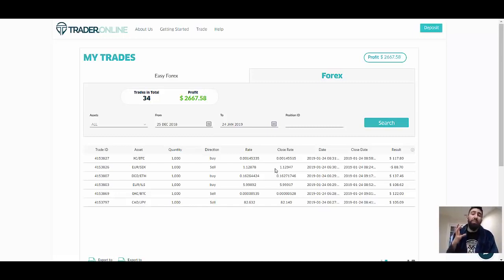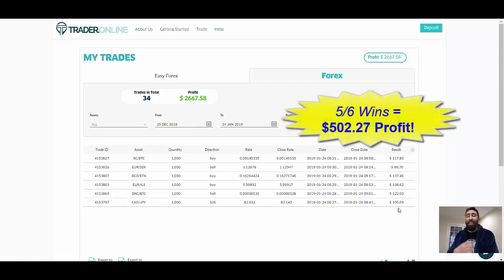Now, because we increased our trade values to $100 per trade, being that we are dealing with Forex and CFD types of brokers, we definitely had some incredible results here, guys, that ranged anywhere between $100 and $137 in returned profits. So as it stands, 5 out of 6 winning trades gave us a total profit return of $502.27. And that's just with 6 trades, guys.